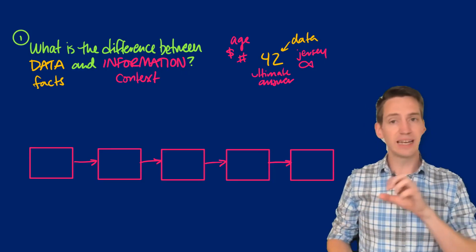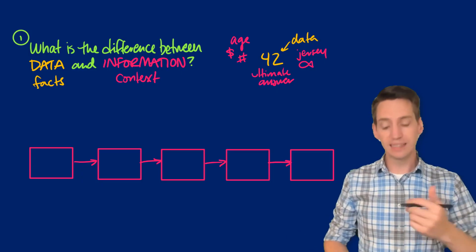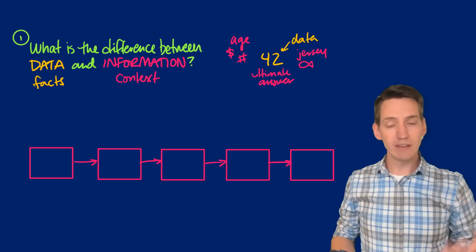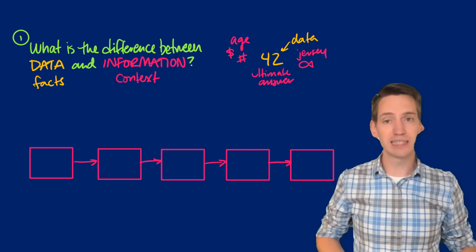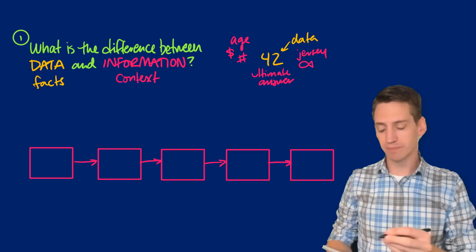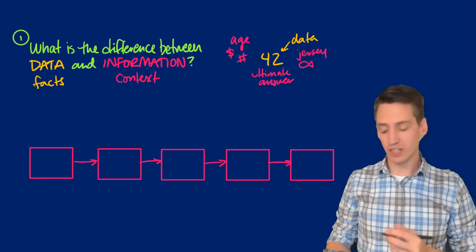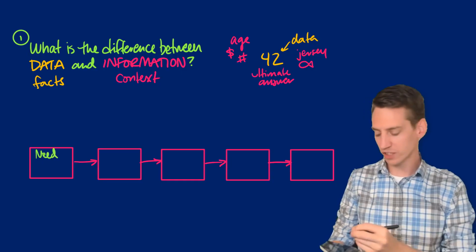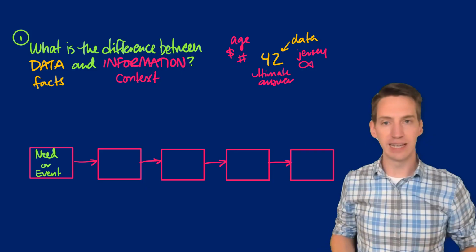And so taking data, these facts, and turning it into information by providing context leads us to something that we call the information value chain. The information value chain tells us how we get from a need or an event or something that generates data to ultimately making a decision. So let's take a quick look here. In the information value chain, we start with a need for data in order to answer a question, or we have some sort of event that generates the data.